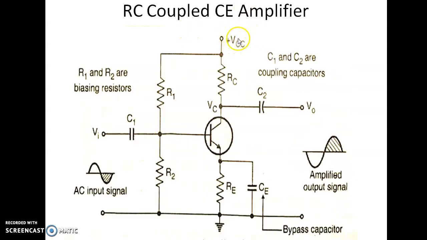VCC is the supply voltage. According to Kirchhoff's voltage law, VCC minus the voltage drop across resistor RC minus the voltage drop across the collector emitter terminal of the transistor: VCC minus IC RC minus VCE is equal to 0.